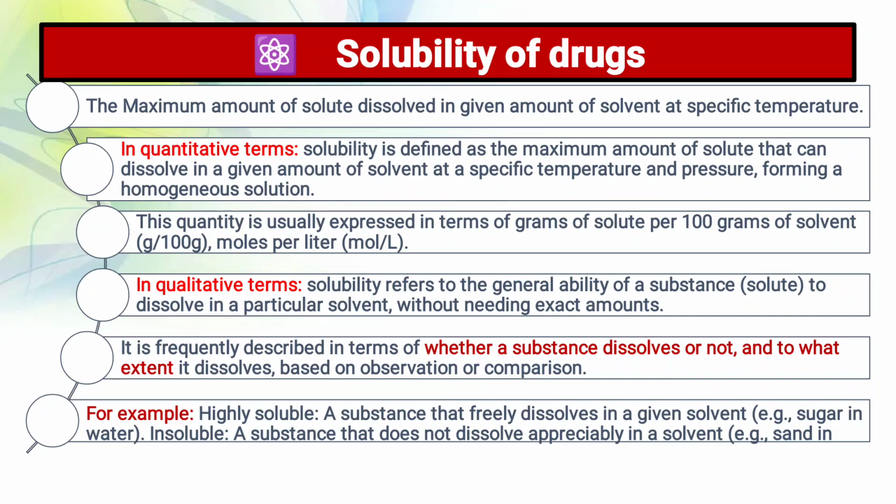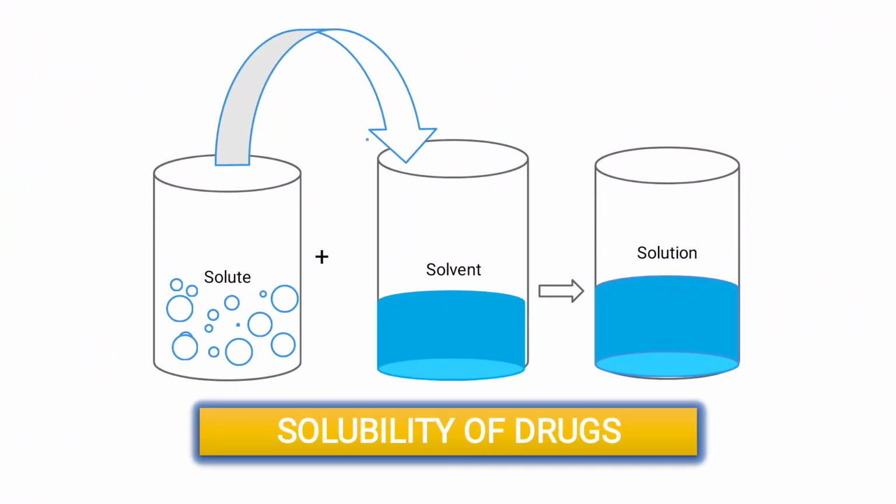This frequently describes whether a substance dissolved or not and to what extent, based on observation and comparison. For example, highly soluble, freely soluble, etc. Solubility is the amount of solute and solvent to form a solution.